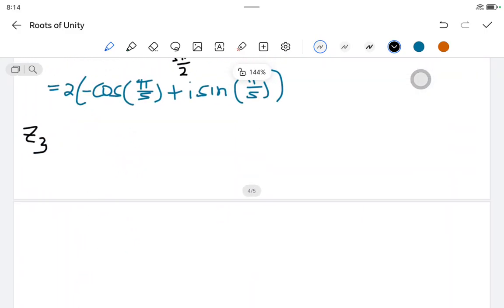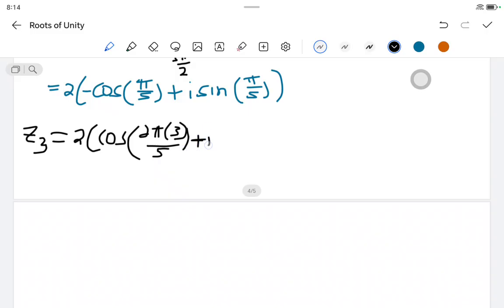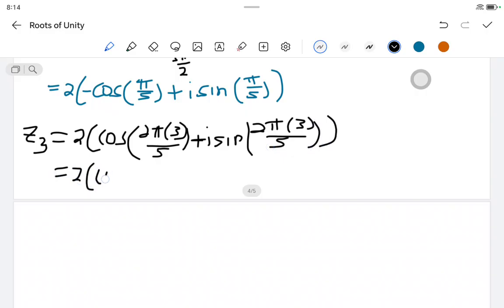So when we check Z3, we are going to have 2 cos of 2 pi 3 over 5 plus I sine of 2 pi 3 over 5, which equals 2 cos of 6 pi over 5 plus I sine of 6 pi over 5.